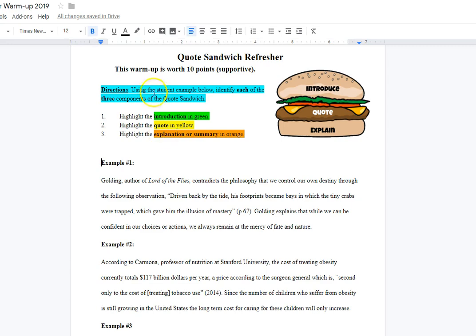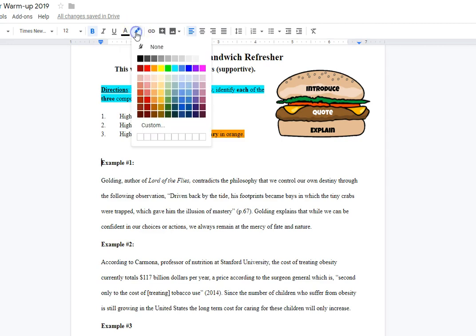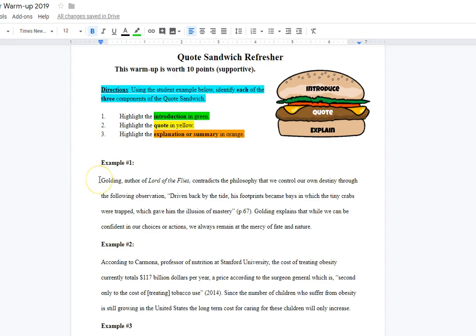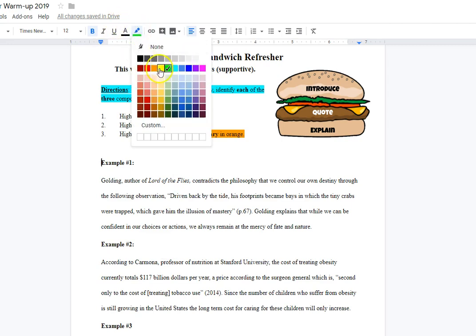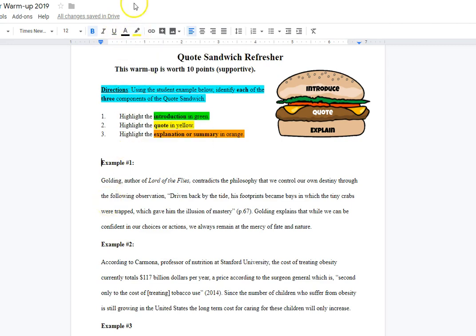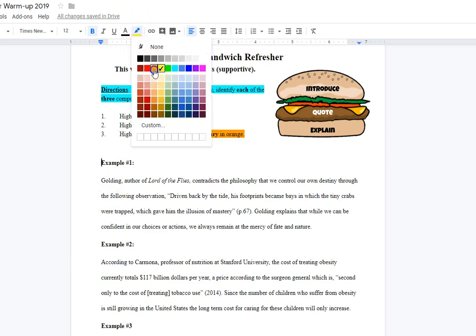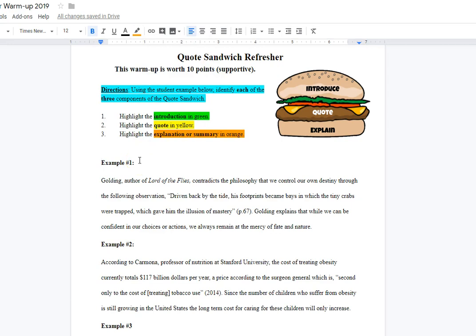Okay, your job is going to be to go up here to our highlighter, click on the highlighter, start with green, go down, highlight the introduction to the sentence or to the quote, and then go back, change to yellow, highlight your quote, and then go back, change to orange, and highlight the explanation or summary.